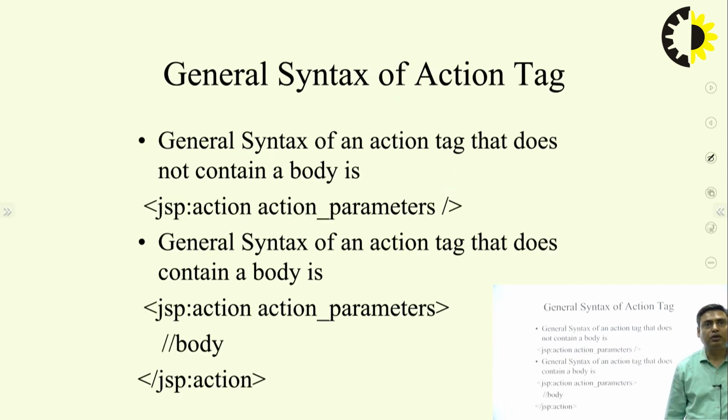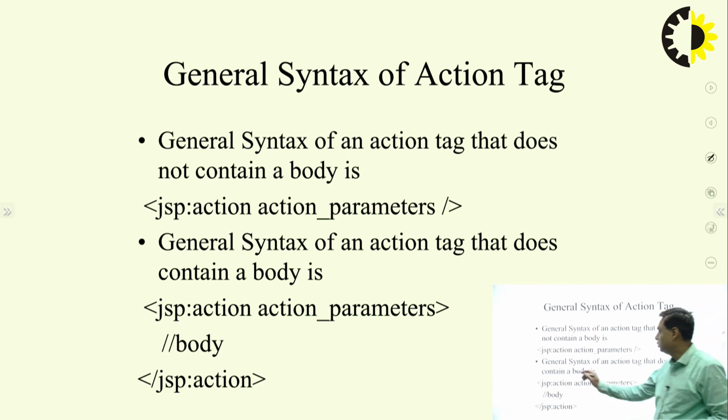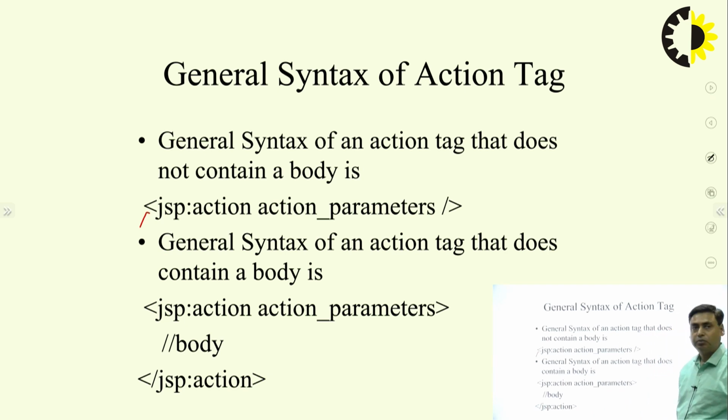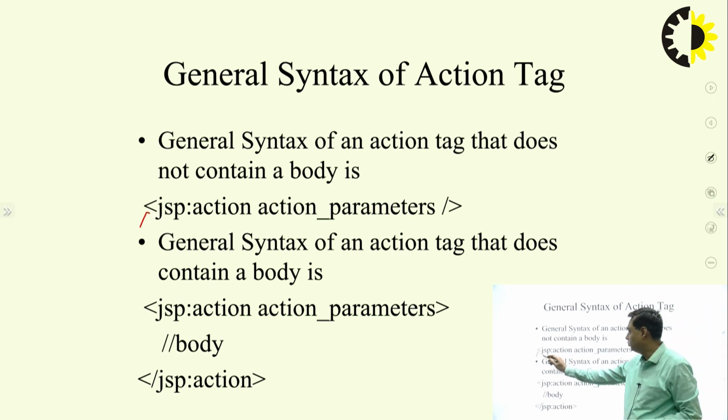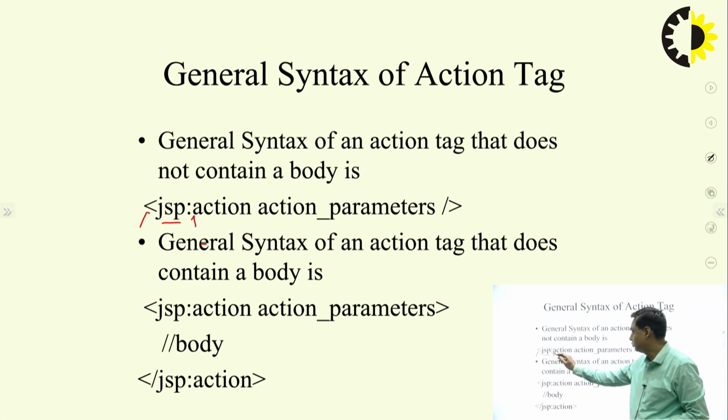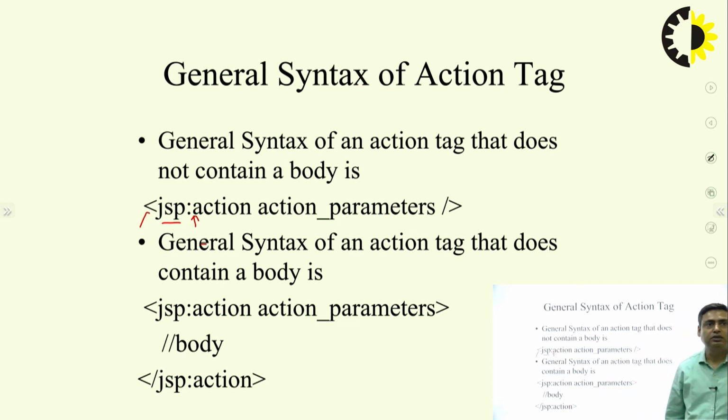Now we look at the general syntax of the action tag. Here you can see for any JSP action, after the less than symbol, we are using jsp, then use the colon here. This is the syntax.